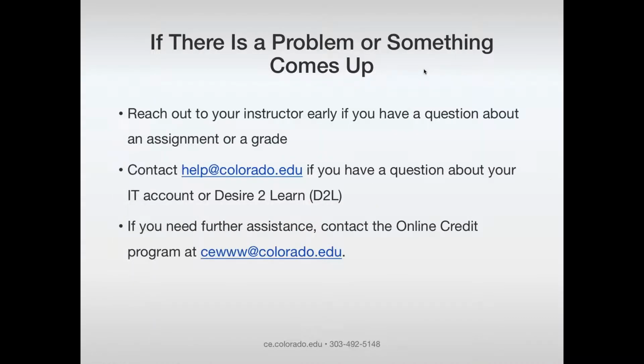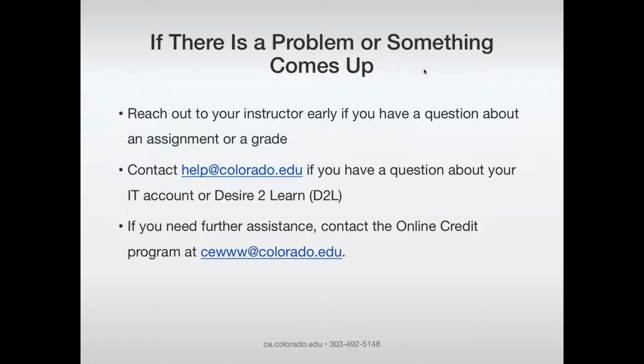You should contact the instructor directly if you have a question about an assignment, a grade, or the course content. Again, you can find the instructor's contact information on the course homepage or in the syllabus.